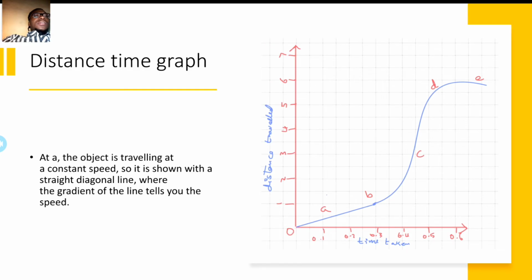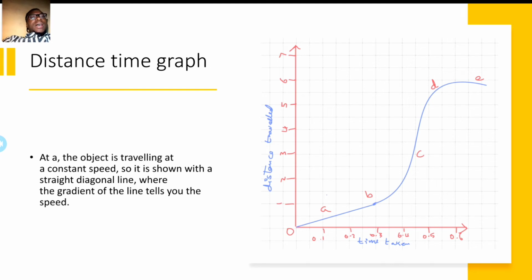Okay, so here you have the sample of a graph. We've highlighted 5 different points which we're going to look at here. Now for point A, the object is traveling at a constant speed. The line is steep, but not too steep.